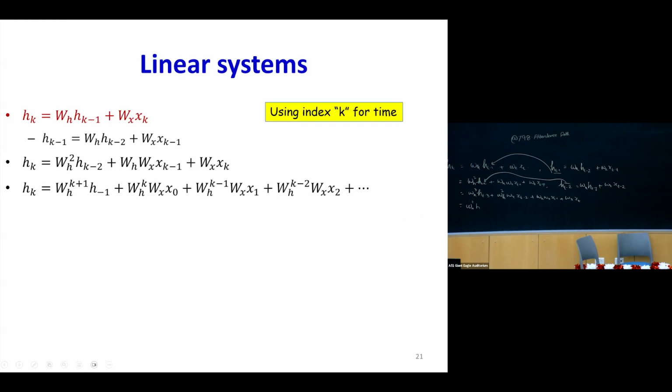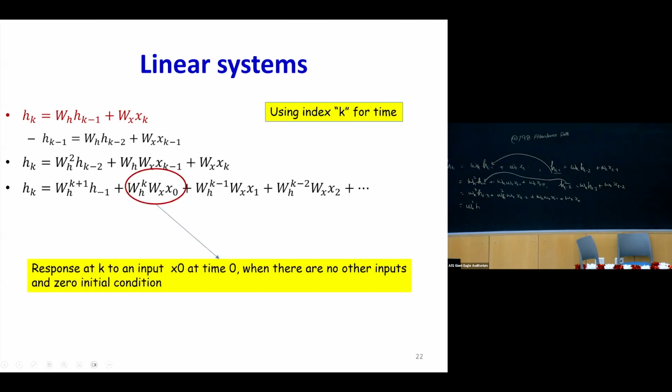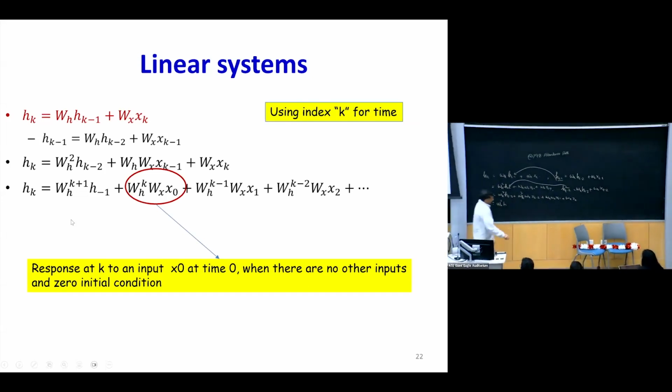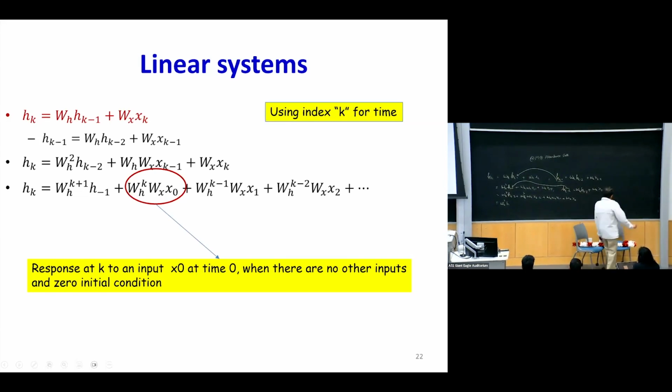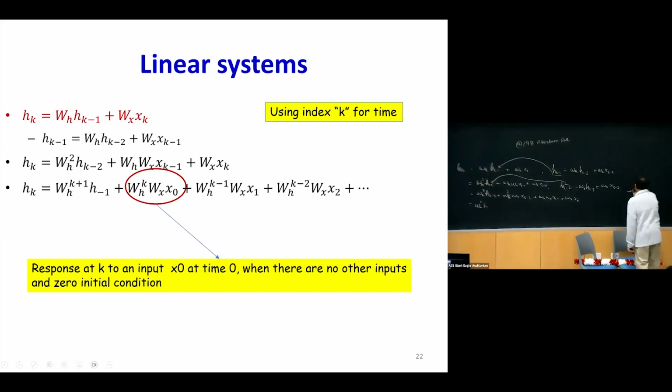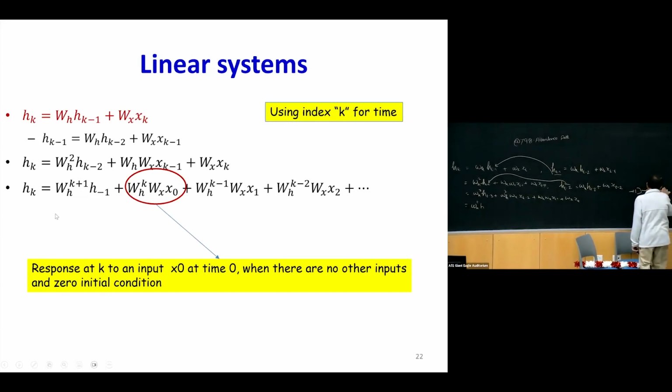Is this making sense to everyone? Okay. And so, this term over here. If I have a long input, I have my recurrence, and I'm only looking at the recurrent layer.